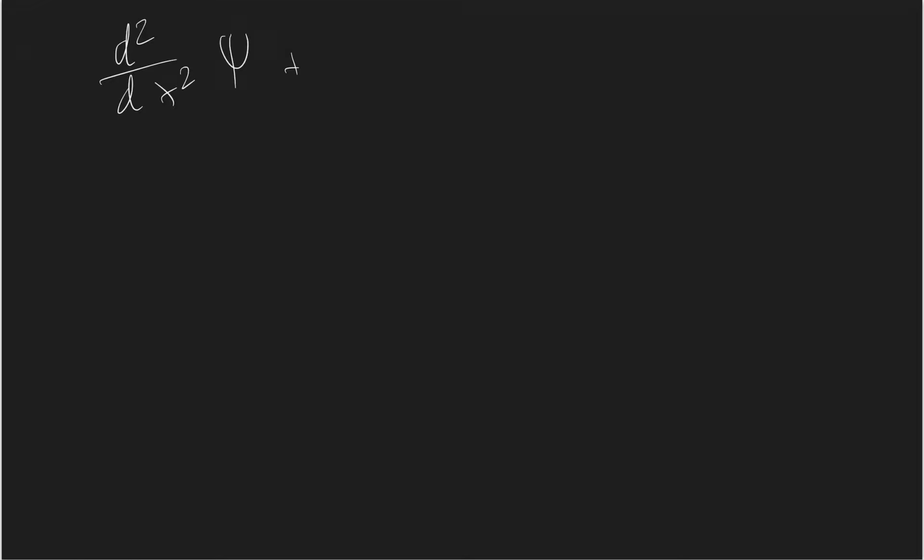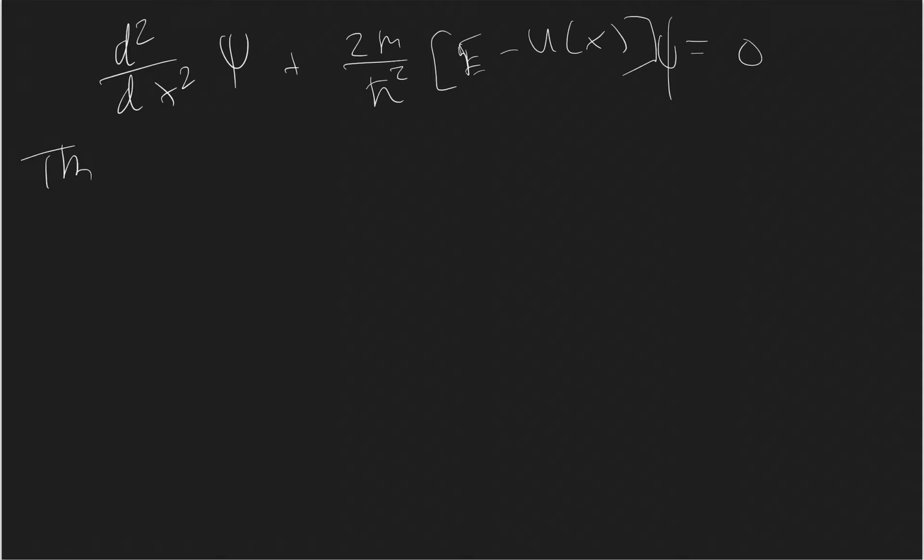So we're just going to rewrite the Schrodinger equation in a different way for a particle in one dimension, with some general potential, and this is all acting on psi. So, key theorems for a particle in one dimension.